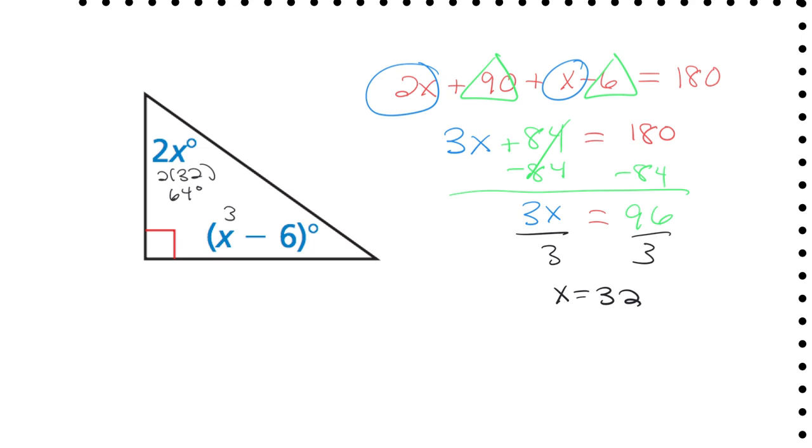And then this angle would be 32 take away 6, which would be 26 degrees. And if you add 90 and 64 and 26, guess what you get? 180, right? Because all three angles in every triangle have to add to 180.